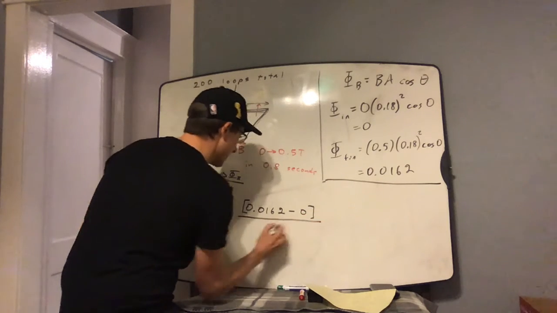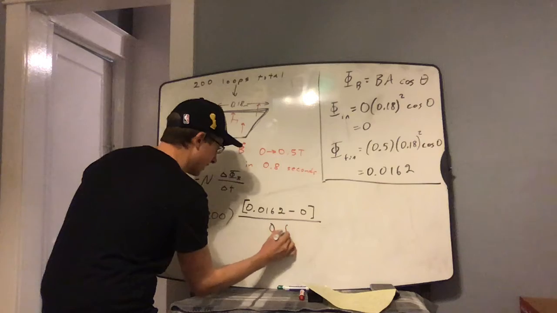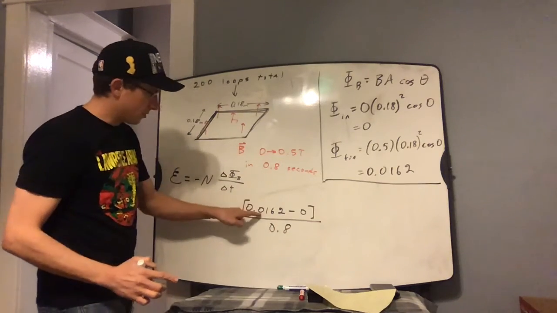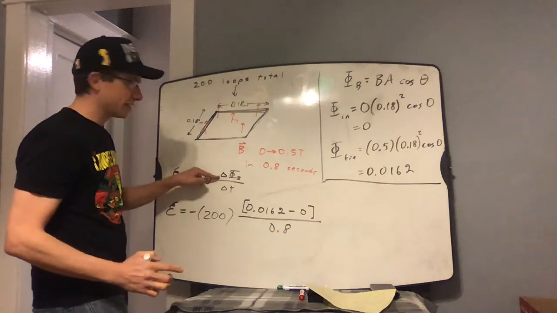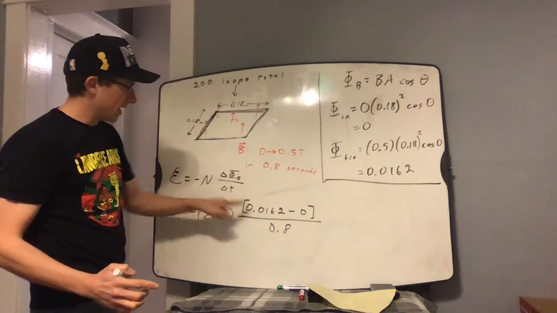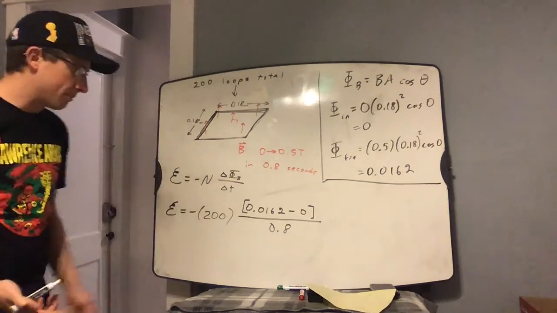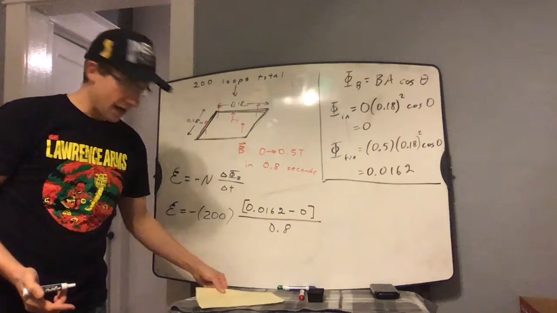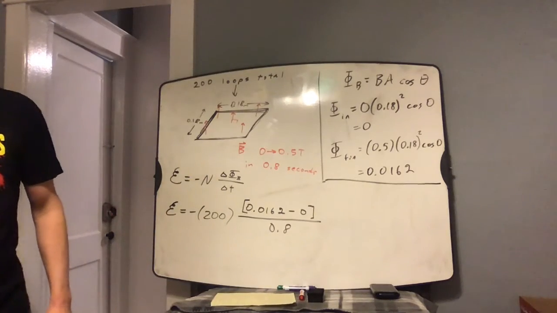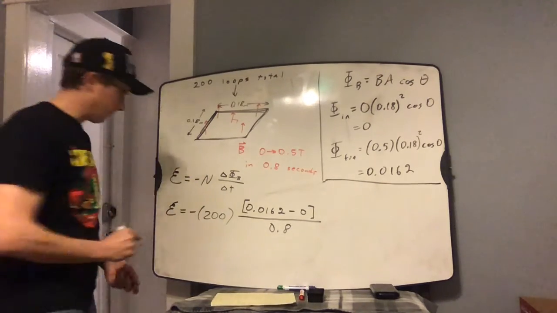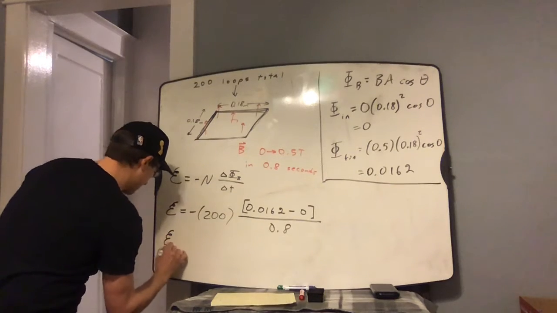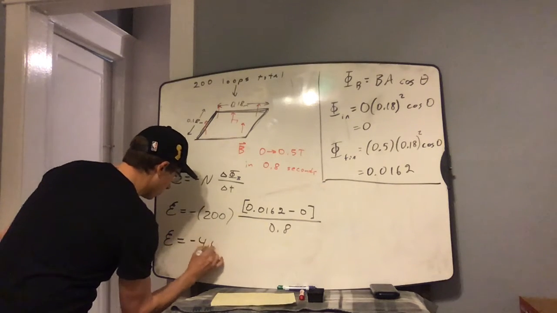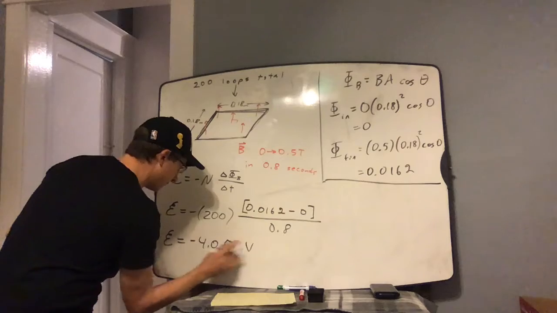And the change in time is 0.8 seconds. Phi final minus phi initial, that's my delta phi. Change in time, 0.8 seconds. I plug this number in a calculator and I get the induced EMF is 4.05 volts. So I get this as negative 4.05 volts.